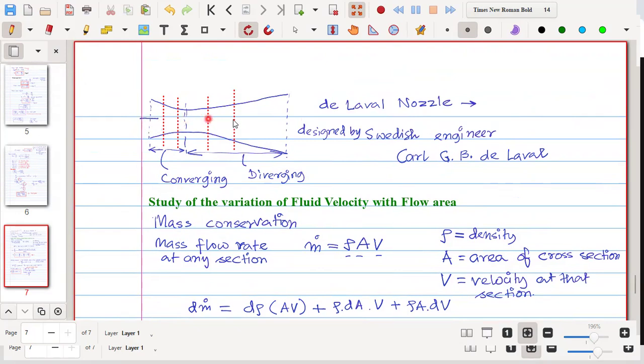So the flow is taking place in one dimension, and the motivation I told that most of the flow that we come across in the compressible flow domain are basically one dimensional, like say flow through a nozzle, or flow through a steam nozzle, or flow between the blade passage in a steam turbine.